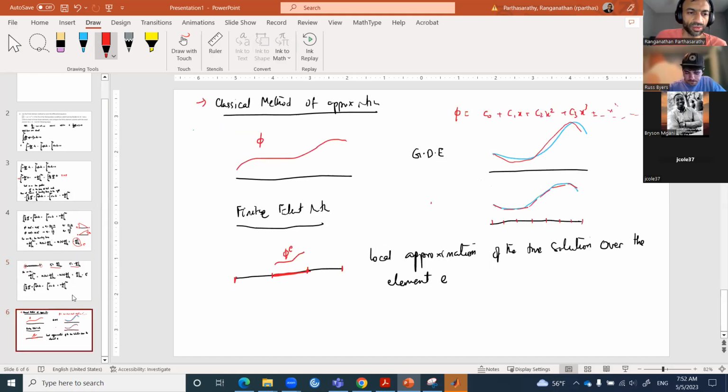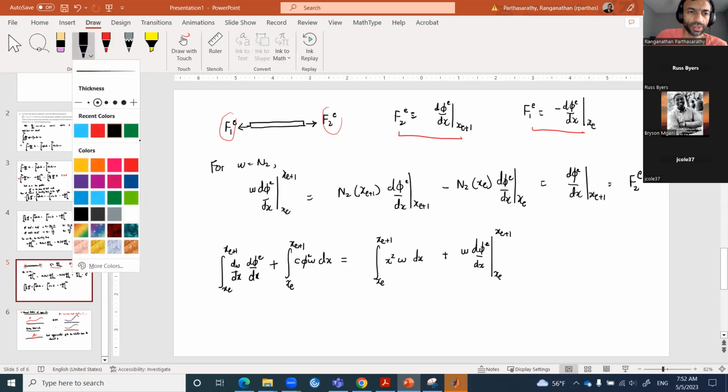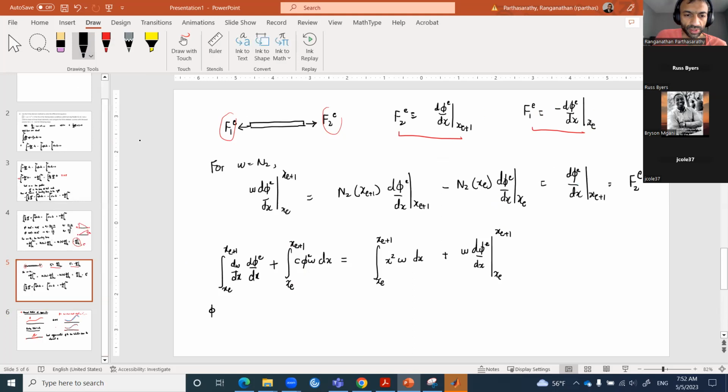Okay. So now we will simplify this. So phi e is sigma over j, and W is Ni.